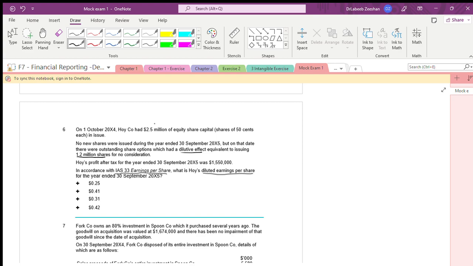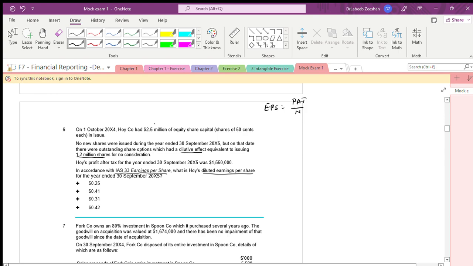1,550. First, you see what the EPS is. EPS is nothing but profit after tax divided by number of shares.